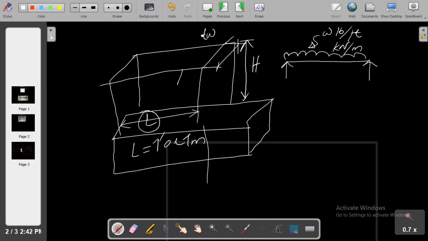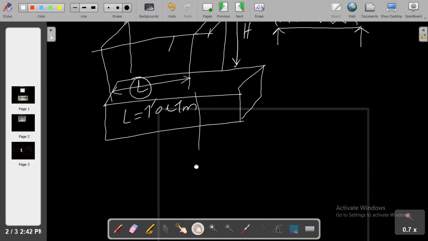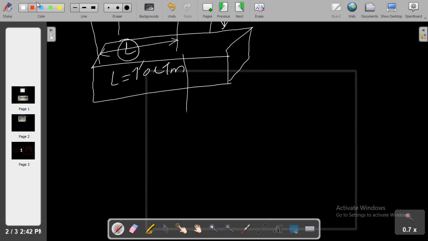So how to calculate it? We can write down the equation.